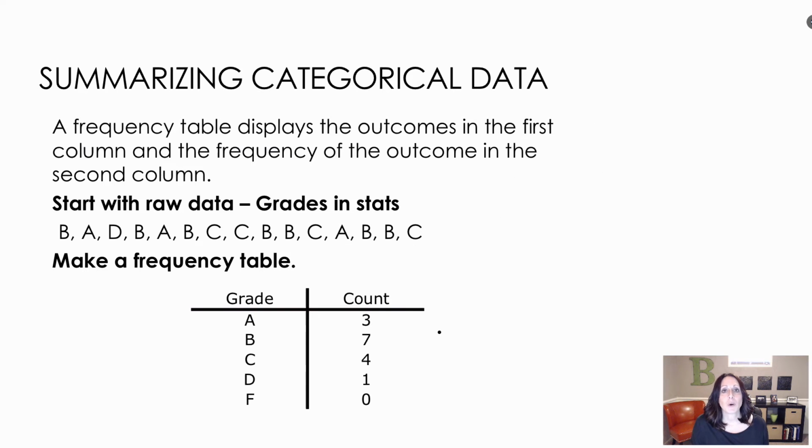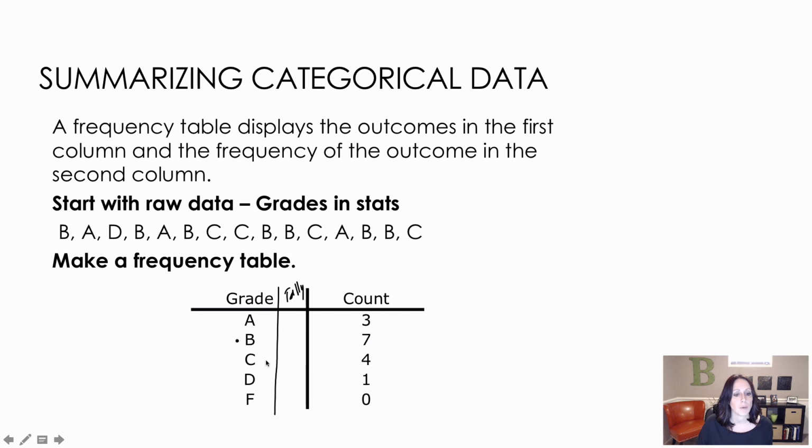So again, if I'm going to summarize with a frequency table, we're going to start with our raw data. So for instance, this is grades in our statistics class. Looking at this, you can see that I have a column for grades, A, B, C, D, and F, and then I have a column for count. If I were actually doing this by hand, I might have a little column in between where I was going to do the tallies.